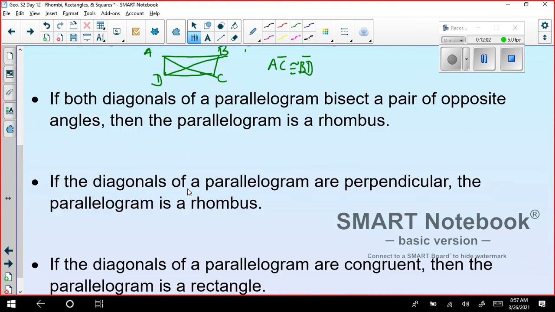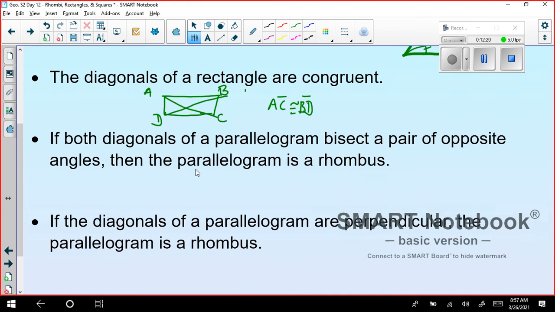Then next, if both diagonals of a parallelogram bisect a pair of opposite angles, then the parallelogram is a rhombus.